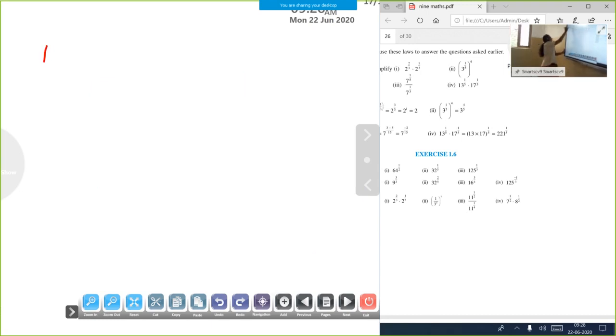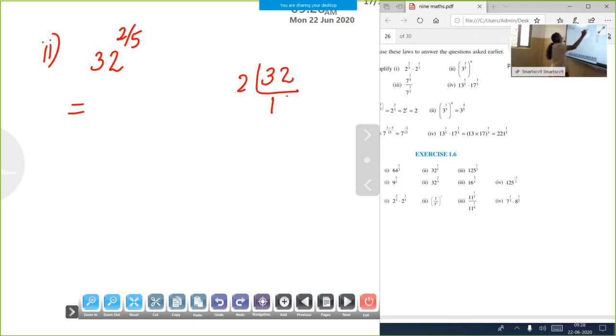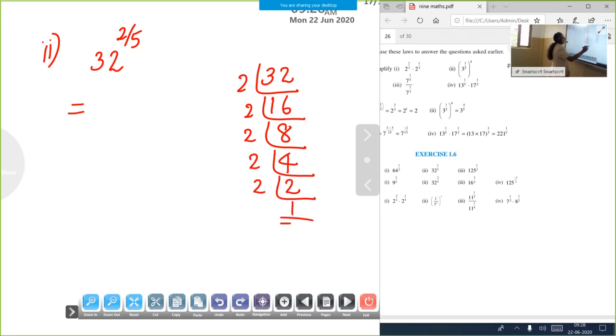In that second question, 32 raised to 2 by 5. You know how to factorize. Our first step is to factorize 32. 32 is 2 times 16, again 2 times 8, 2 times 4, again 2 times 2, and the number is 1.